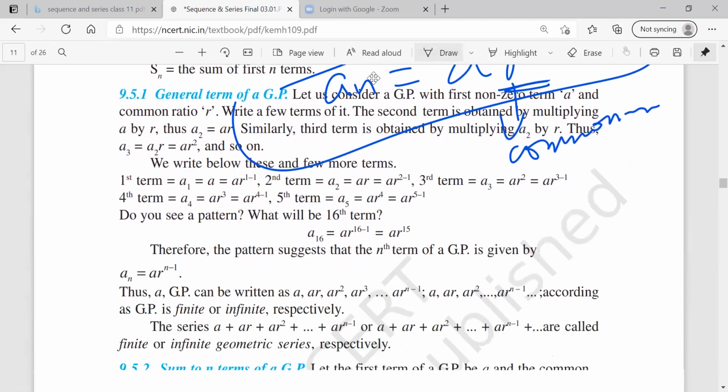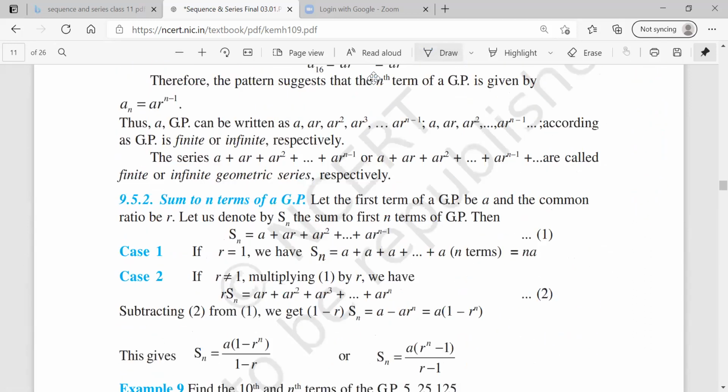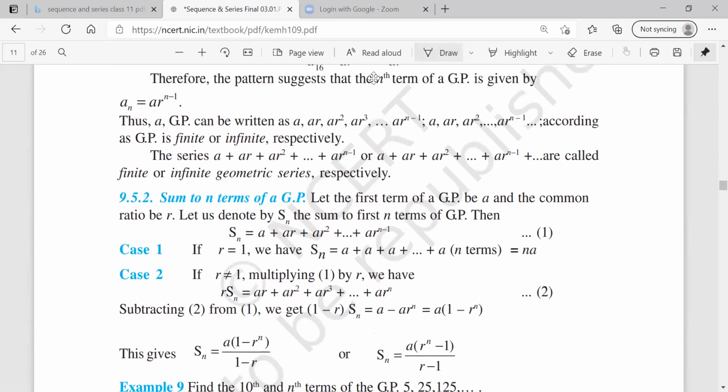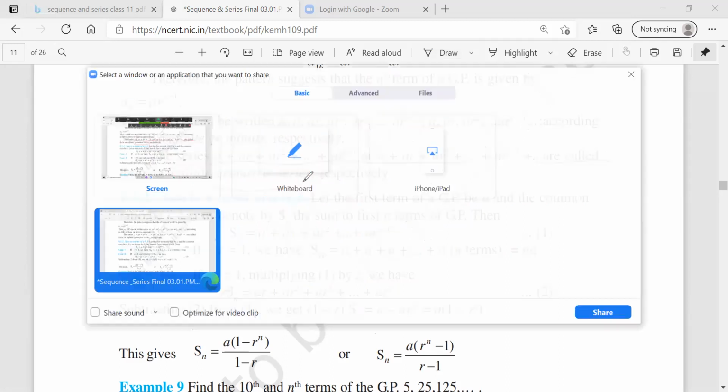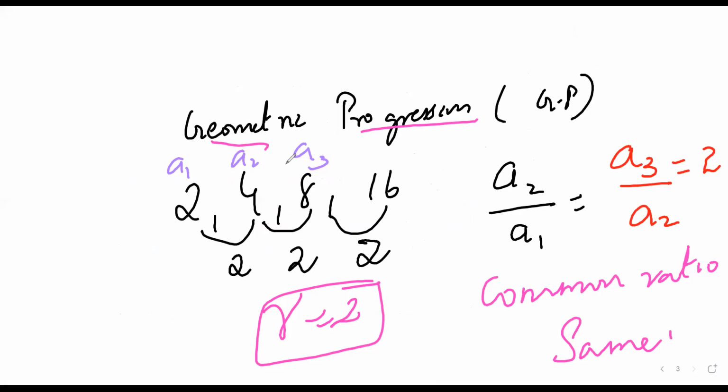Let's see one example. So this is a series: a, ar, ar square. Yes, this is the geometric series. We should not get worried about this. How we are getting this series is very simple.